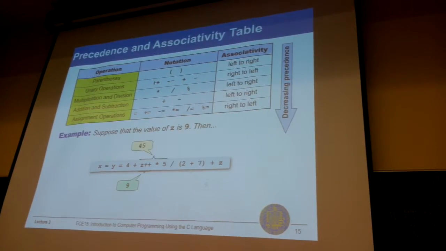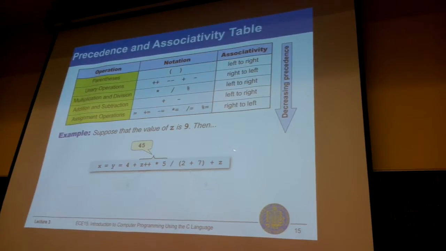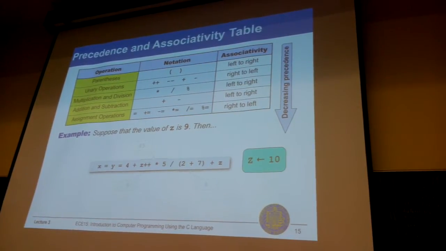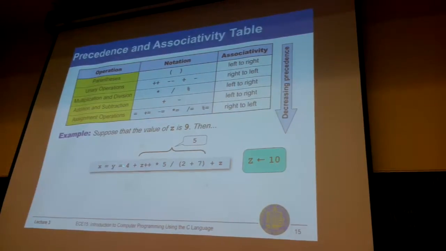And then next we would do the multiplication. So 9 times 5, we get 45. We've completed this expression, so we're going to increment z. So z goes up to 10 now. If we do the division, 45 divided by 9, we get 5 for this entire expression.